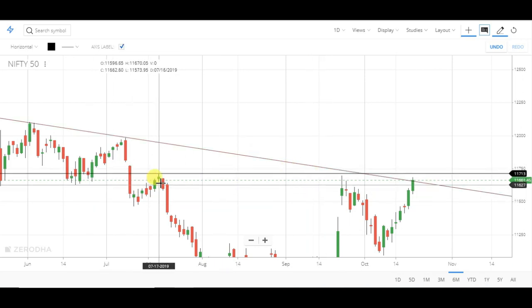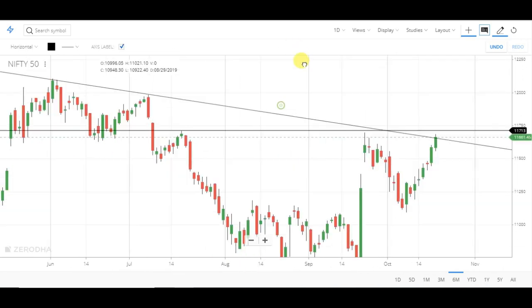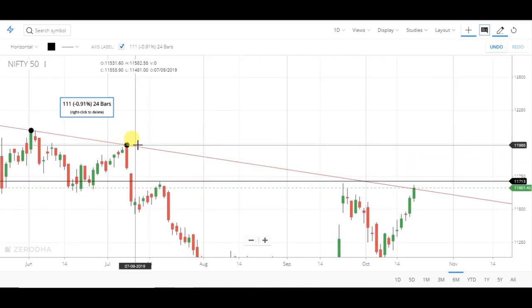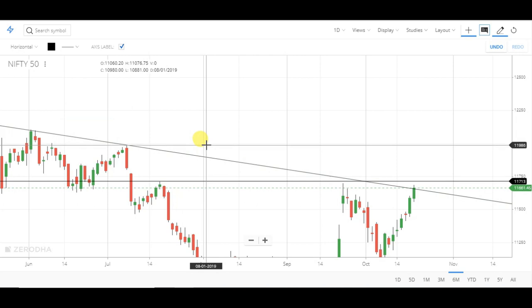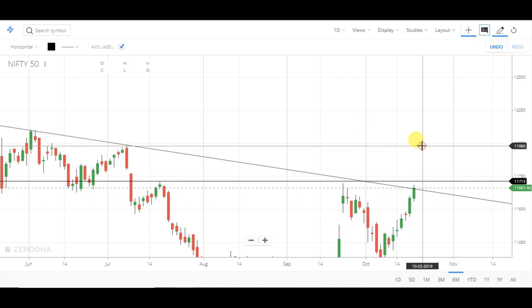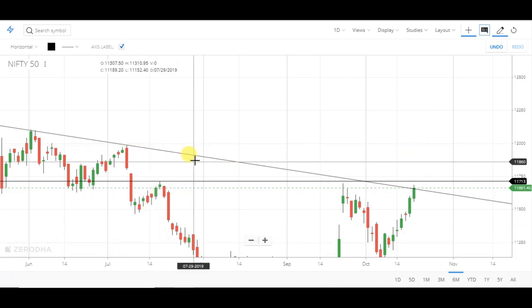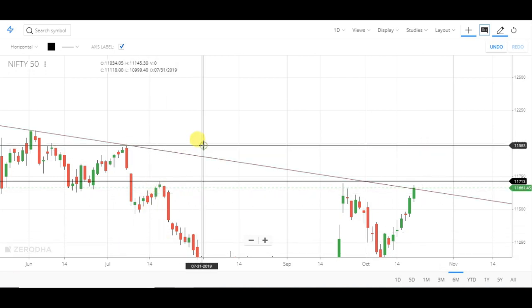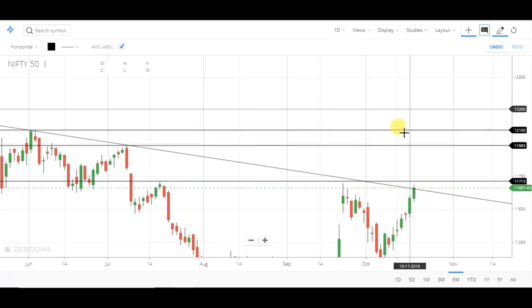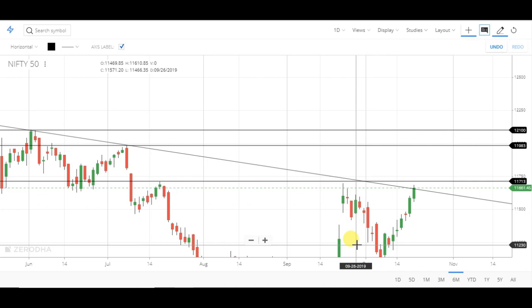Over from this point Nifty started the downfall, and if Nifty tries to go further upside, then 12,000 is going to be our second strong resistance, and then the last resistance that we have is around 12,100. So if Nifty breaks these three resistances, then we can see further upside in Nifty.